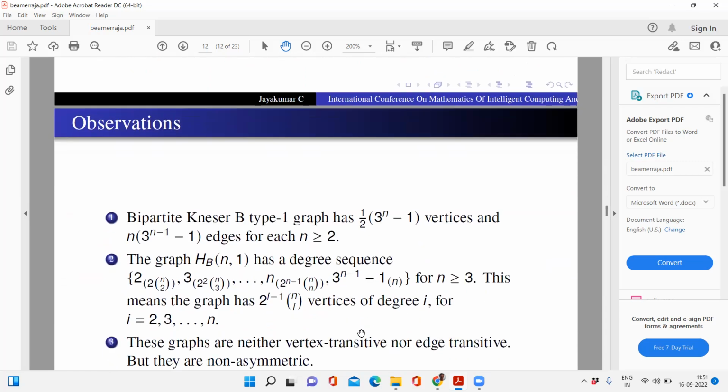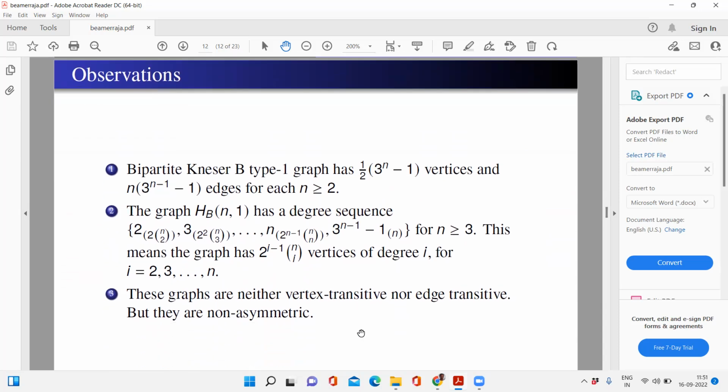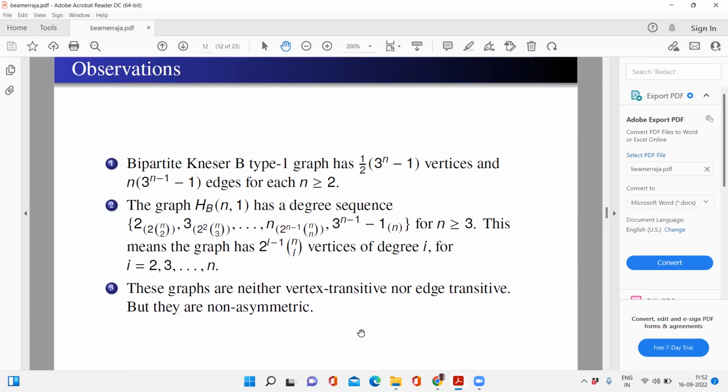Moreover, V2 contains nC2 vertices of degree 2, 2 square nC3 vertices of degree 3, and so on, and n vertices of degree 3 raised to n minus 1 is in V1.